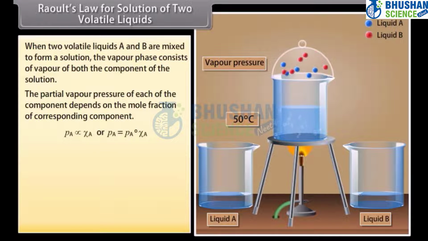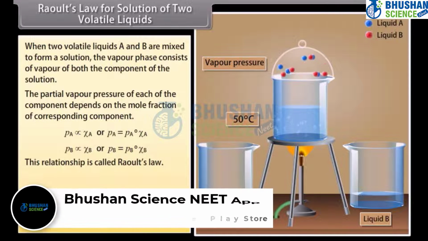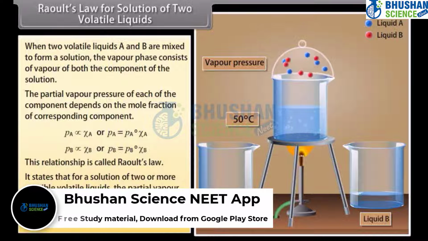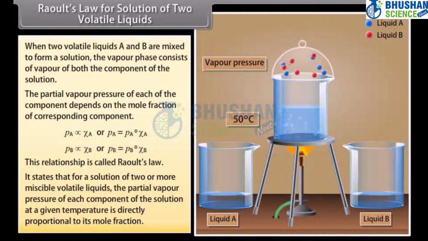PA = P°A × XA, and PB = P°B × XB. This relationship is called Raoult's law. It states that for a solution of two or more miscible volatile liquids, the partial vapor pressure of each component of the solution at a given temperature is directly proportional to its mole fraction.